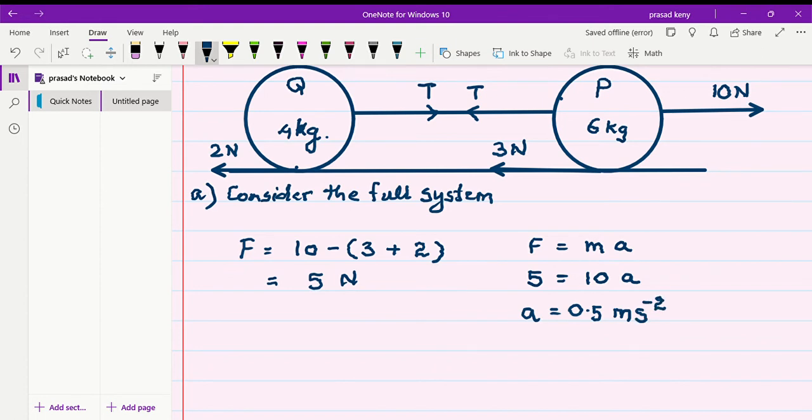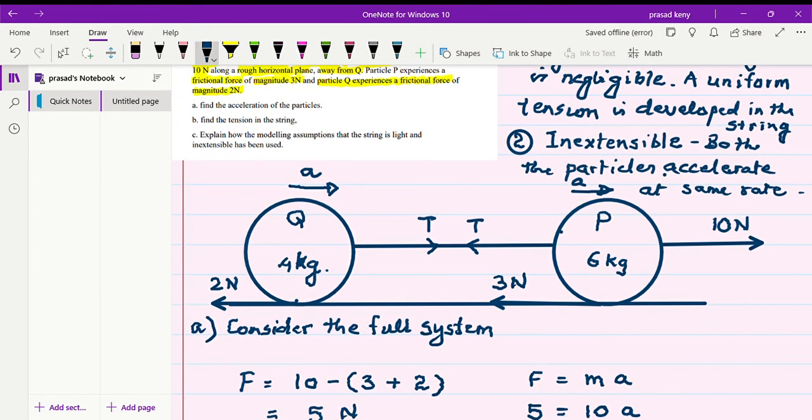So both these particles will accelerate at the same rate of 0.5 meter per second square.